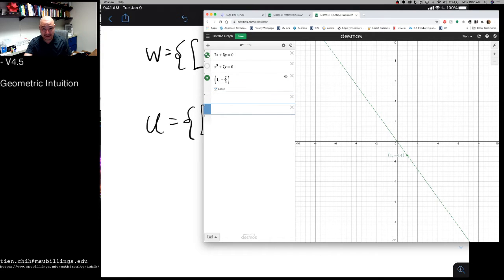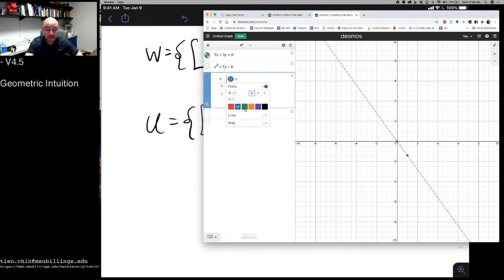Let's make that dotted, with the origin, and so the vector 1 comma minus 7/5 is this vector here. So what we can see is that this vector here lies within this space.